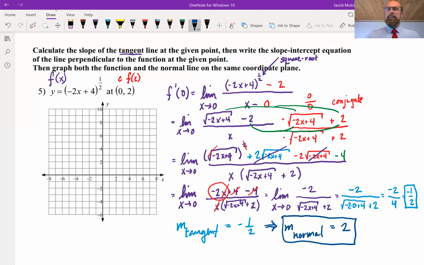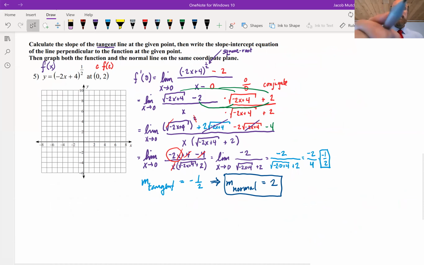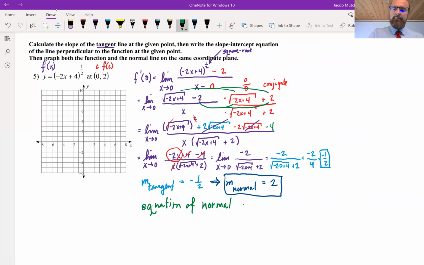I'm going to go now to write the equation of the normal line. So we'll do that now in green here because we've kind of reached the transition point. So again, this is the equation of the normal line. We'll use that same point-slope form and fill that in. Just to remember, that's y minus y1 equals m times, in parentheses, x minus x1.